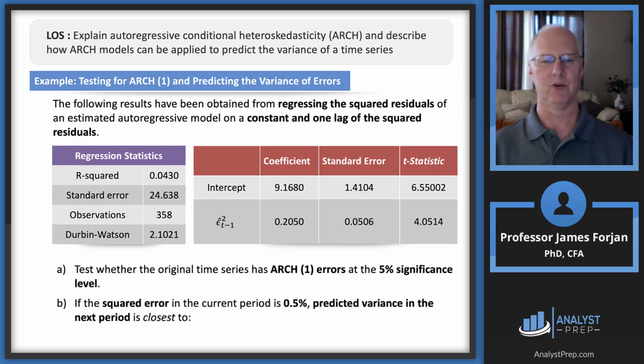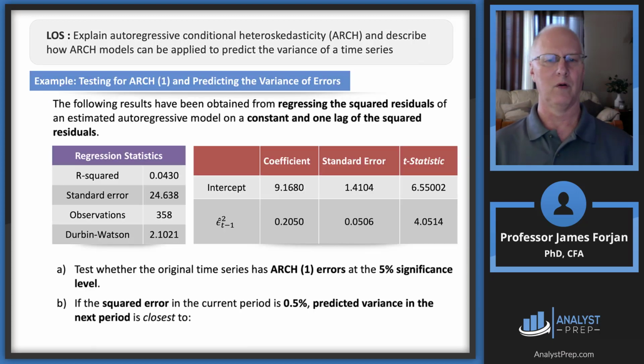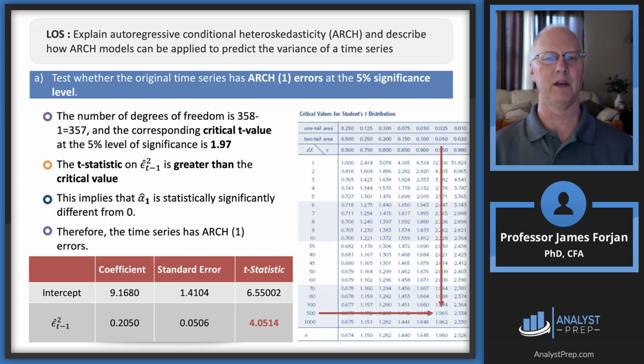All right, so we're given 2 challenges here. Test whether the original time series has ARCH(1) errors at 5%, and then predict the variance of the next period. All right, so once again, we're going to get out our table. So what were we given back here? I forgot the number of observations. All right, 358.